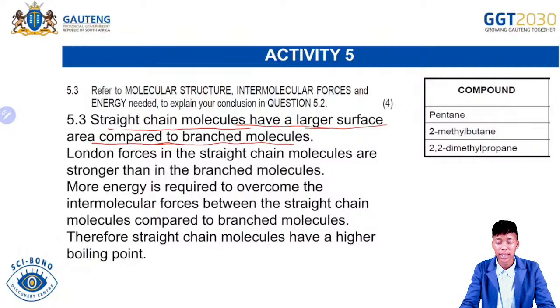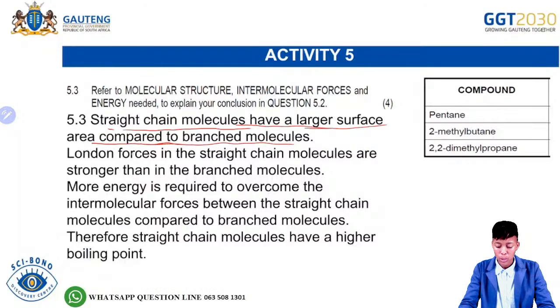Remember, we said the branched molecules will have a smaller surface area, and the straight chain will have a larger surface area. So you need to keep that in mind whenever you're explaining an answer on branches. Okay?